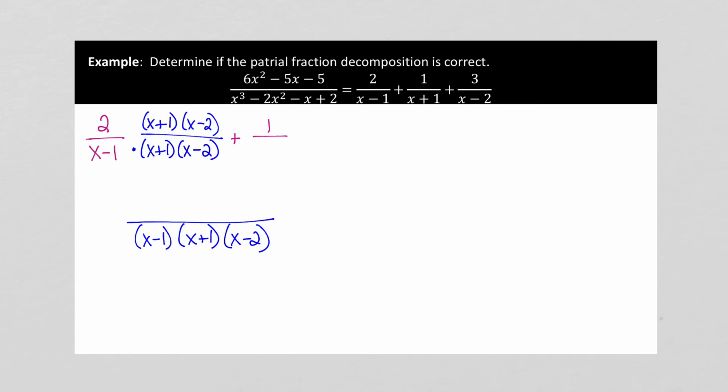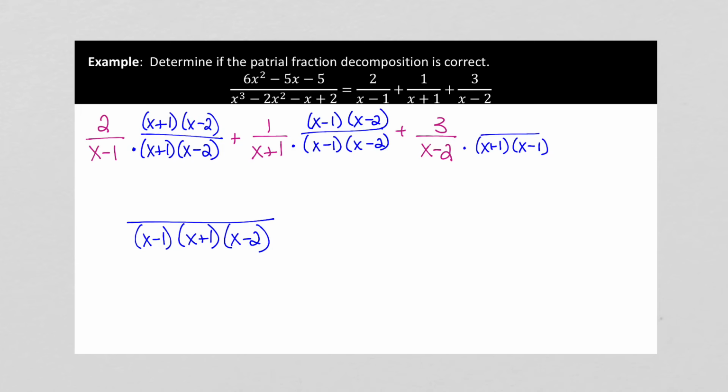And then we have 1 over x plus 1. Well, here we have x plus 1 on the bottom, so we need to multiply by x minus 1 and x minus 2. And same thing on the top. And then we have 3 over x minus 2. So the x minus 2 is already on the bottom. We need to multiply by x plus 1 and x minus 1.